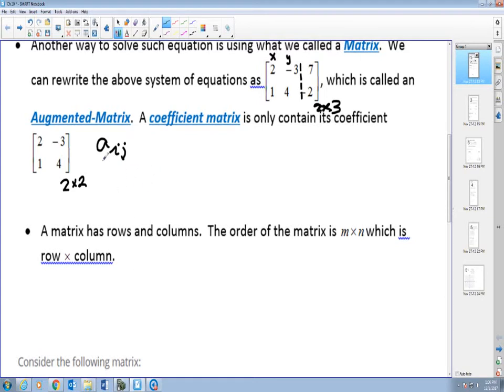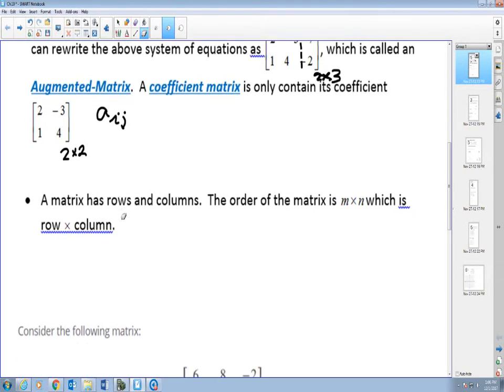So for my 2, that would be the 1 1 position: first row, first column. If you ever see the notation a i j, it's referring to the entry of which row and which column. The -3 is located at first row, second column, so that will be the 1 2 entry.